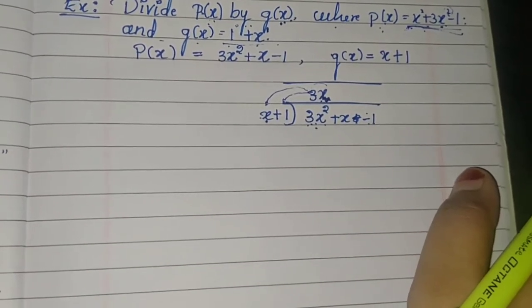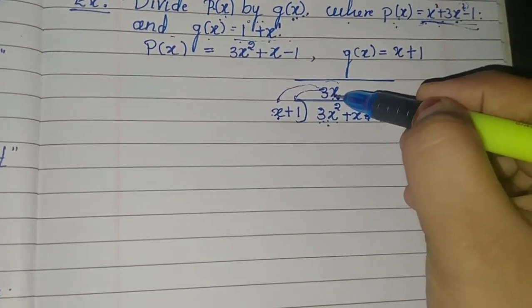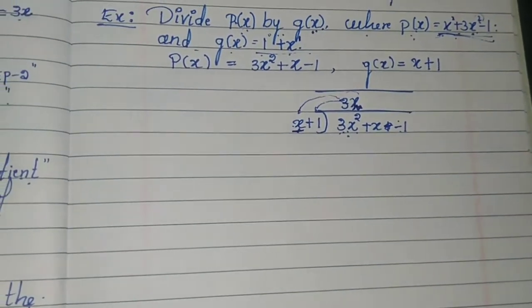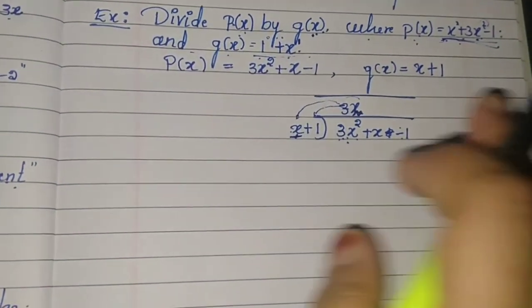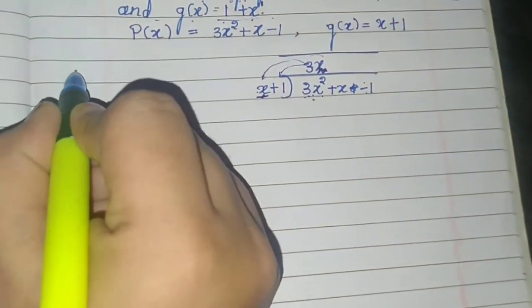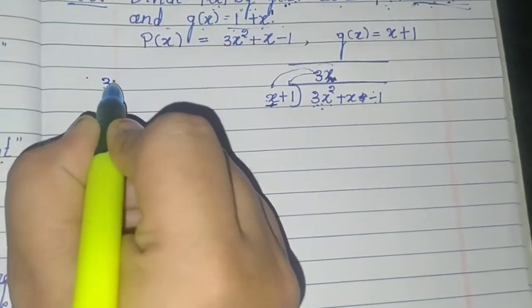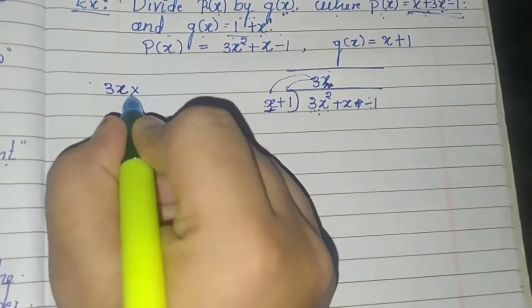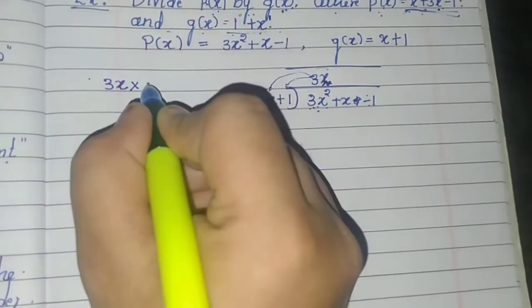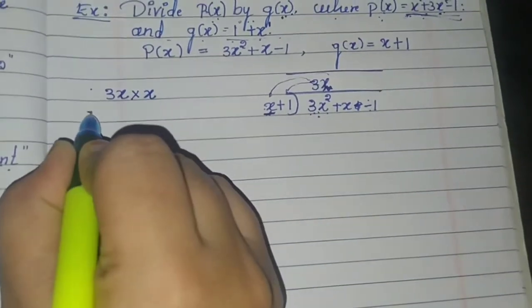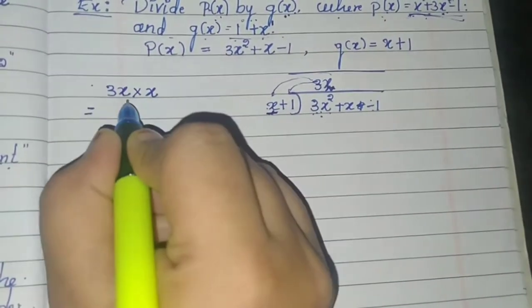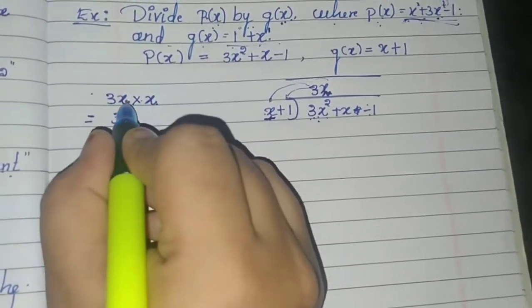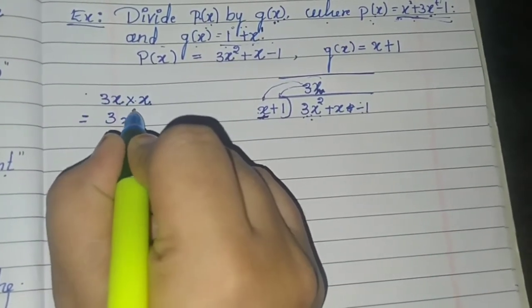First, we multiply the quotient by the first term of the divisor, which is x. So 3x into x: 3 ones are 3, and x into x is x square.